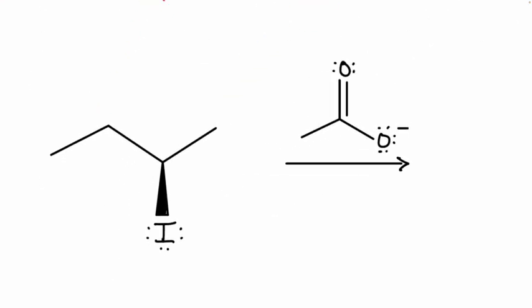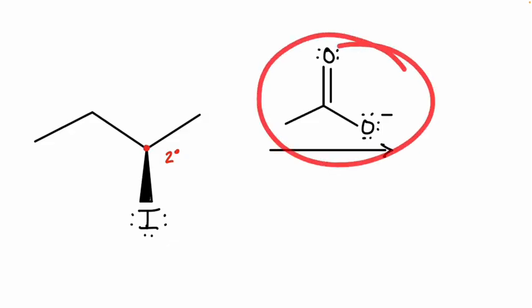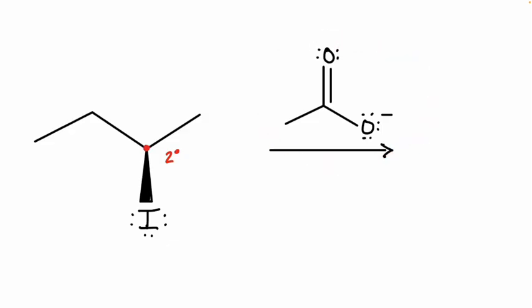All right, what about this alkyl halide here? Primary, secondary, or tertiary? Secondary. And our carboxylate ion here corresponds to which category? So it is a weak base, but a strong nucleophile.